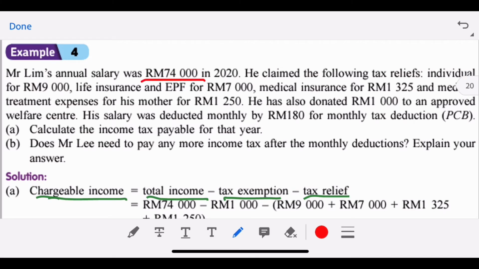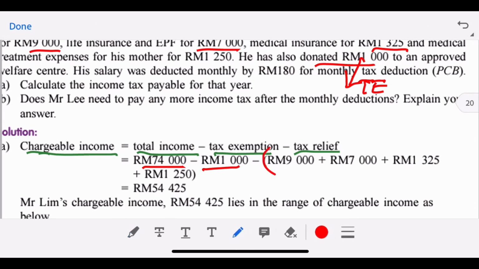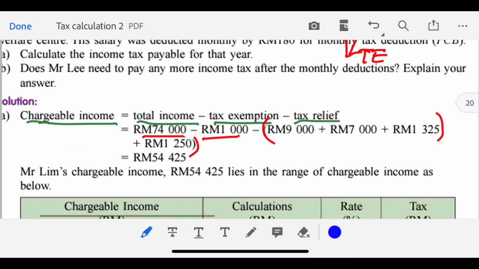So 74,000 minus the 1,000, which is actually tax exemption. And then the tax relief 9,000, 7,000 and 1,350 we need to add on. So all this we need to plus the 1,250.